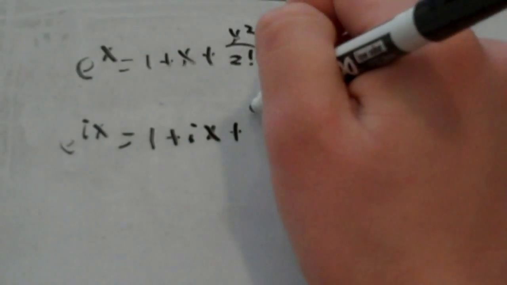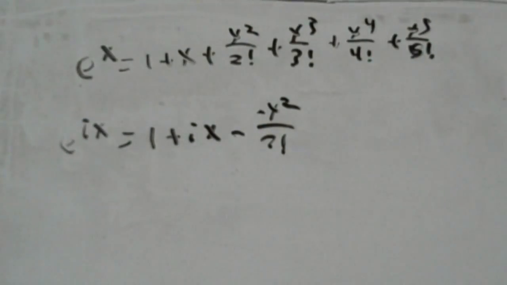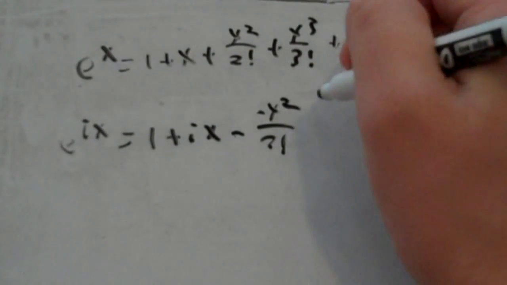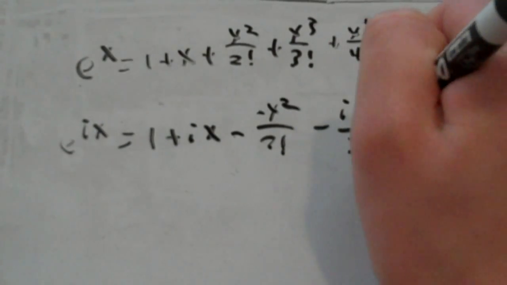So that is the same as negative x squared over 2 factorial, which is the same as minus x squared over 2 factorial. And now we have (ix) cubed over 3 factorial, and that is the same as i cubed times x cubed, and i cubed is i squared times i, and i squared is negative 1, so that is negative i x cubed over 3 factorial.